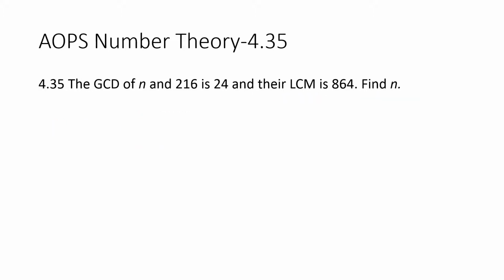AOPS number theory 4.35. The GCD of N and 216 is 24, and their LCM is 864. Find N. So the product of the GCD and the LCM of two numbers is the product of those two numbers.